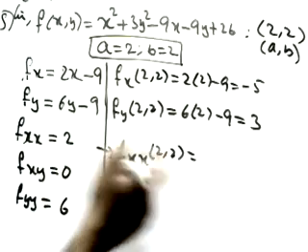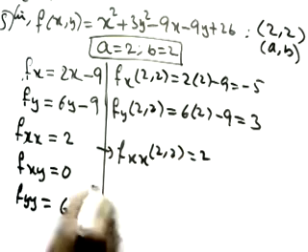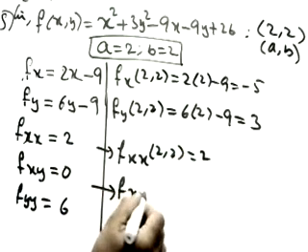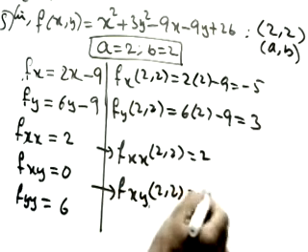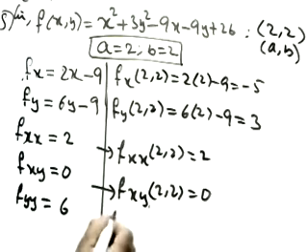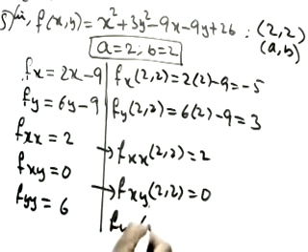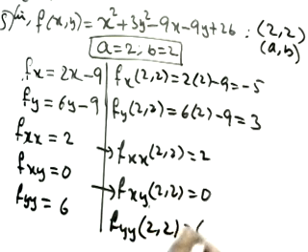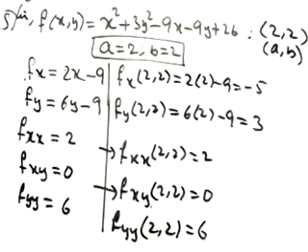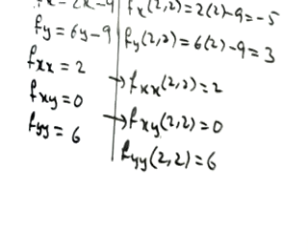Fxx of (2, 2), because this is a constant function we cannot substitute, so this is 2 only. And fxy of (2, 2) is 0, a constant function as it is. Now fyy of (2, 2) is also constant, so we wrote this one.